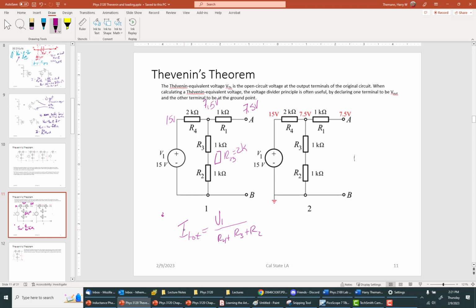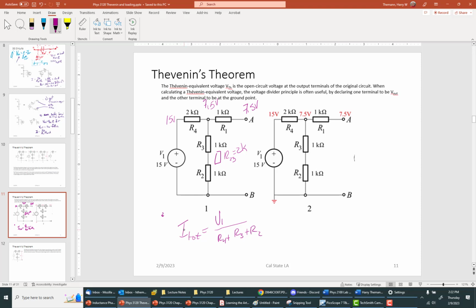So far this is nothing special. It's not different than what we were taught to begin with. We were told to get a V Thevenin of a circuit, it's the open circuit voltage, period, right? Now we're just seeing it in a more generalized sense, and I do something similar in 2200 where I add R1 into that battery circuit. It gives people a little confusion: if I measure at the junction of R4 and R3, you don't have an issue with 7.5 volts.